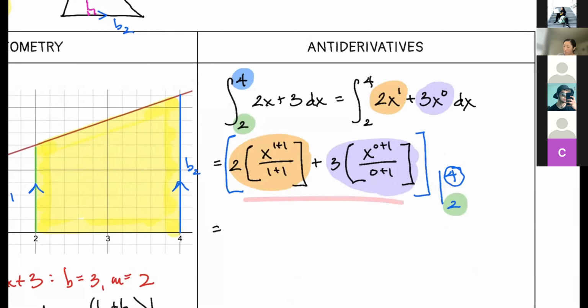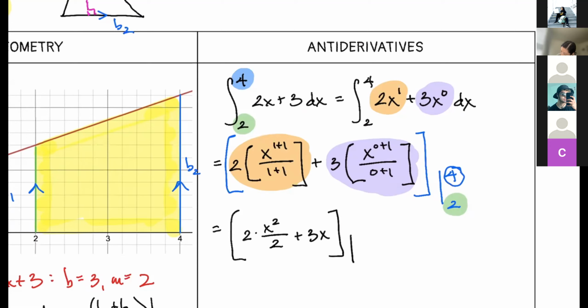All right. But before we plug in some numbers, maybe let's clean this up a little bit so it doesn't look as intimidating. So what do I have? 2 times x squared over 2 plus 3x, I think is what that becomes. And again, I have 4 and 2. And let's simplify this just a little bit more.